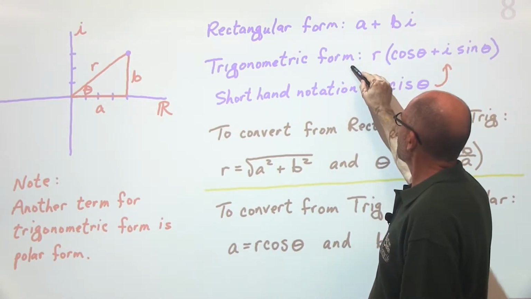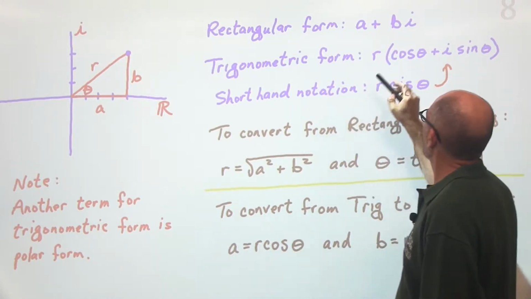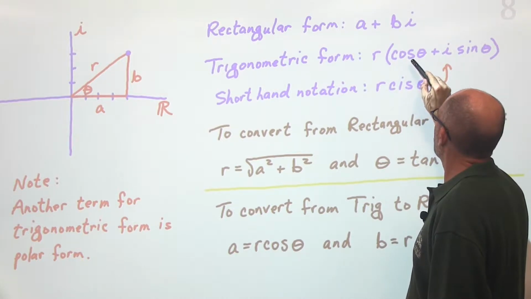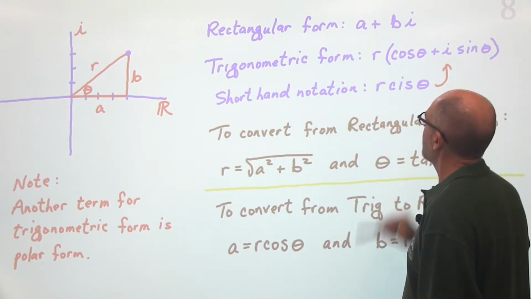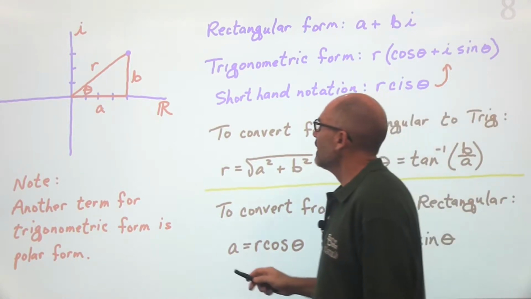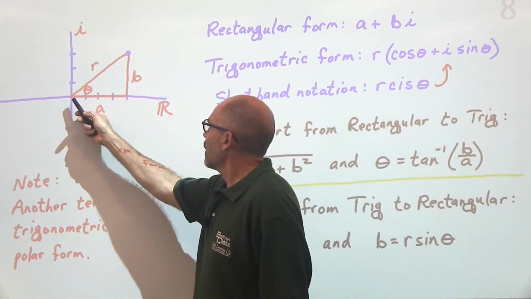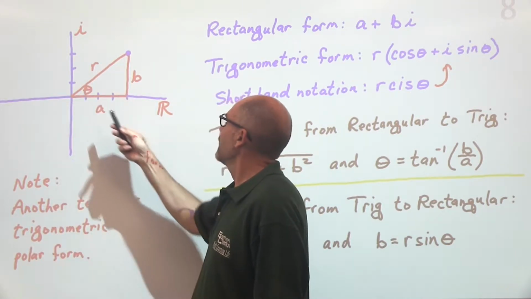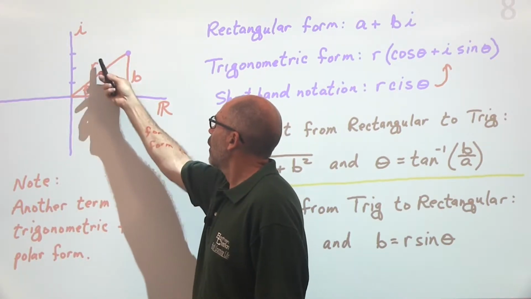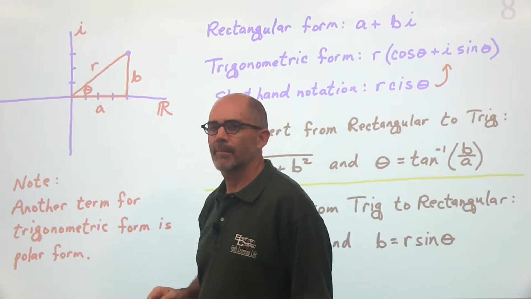Now, trigonometric form is r times cosine theta plus i sine theta. Because notice the a, if I go cosine theta equals a over r, that means a equals r times cosine theta.